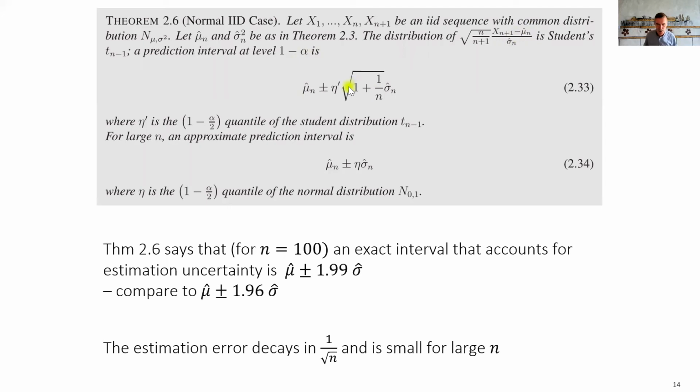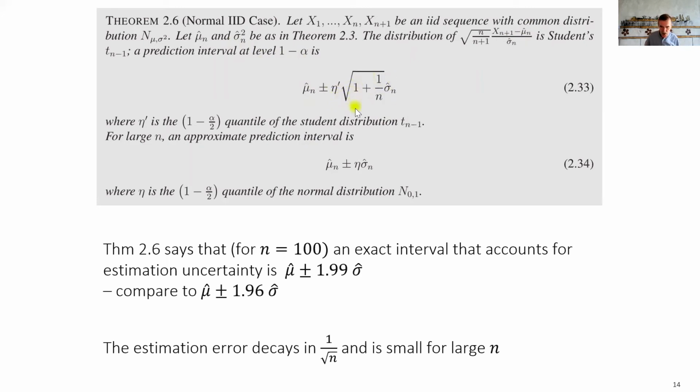It's a Student distribution, which we have seen. We know when n is large, it's close to a Gaussian distribution. So the prediction interval that we obtain has a quantile that is close to the 1.96 that we're used to.